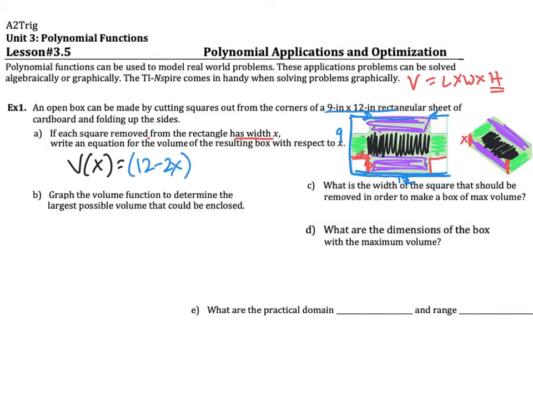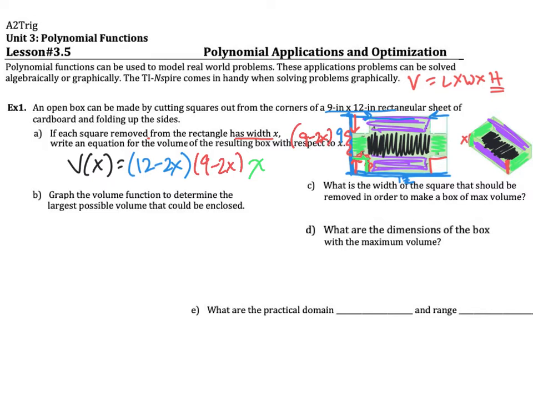Then this width or length, whatever you want to call it, again we're subtracting an x and subtracting an x, so this little width right here is going to be 9 minus 2x, and then the height that's going up right there is going to be x. So length times width times height, 12 minus 2x times 9 minus 2x times x is how we would find the volume.